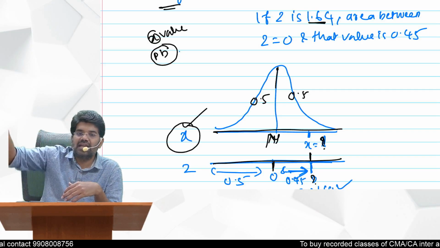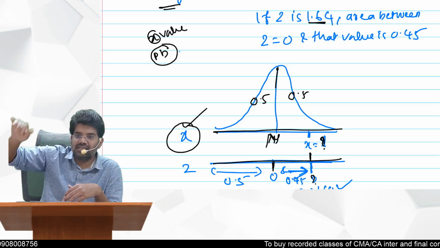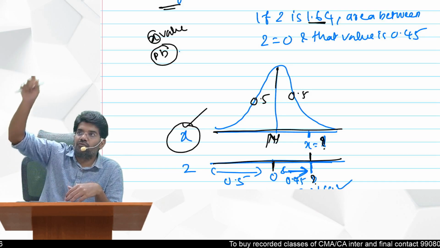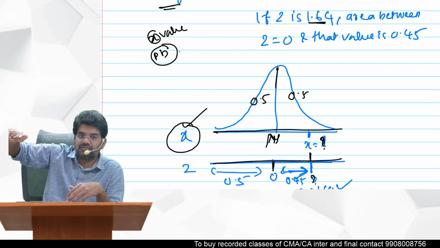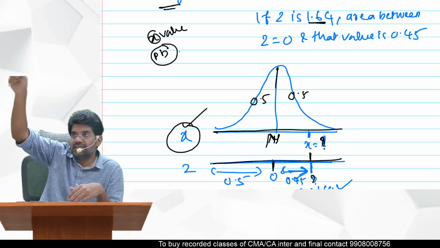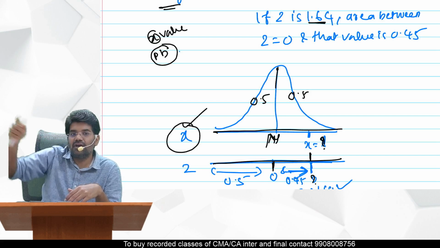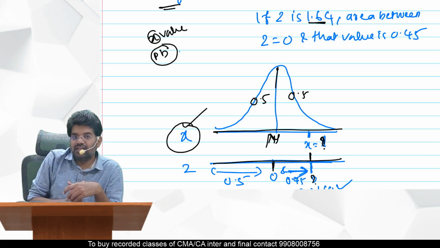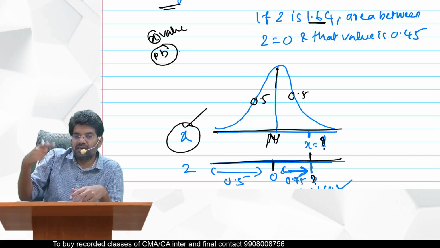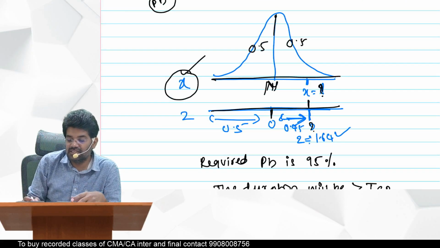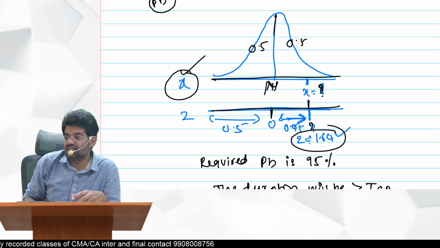Going to the standard normal distribution table, see the 0.45 value. Refer to which z value corresponds to 0.45, then you can find out the z value. By referring to the standard normal table, the z value is equal to 1.64 at 0.45.